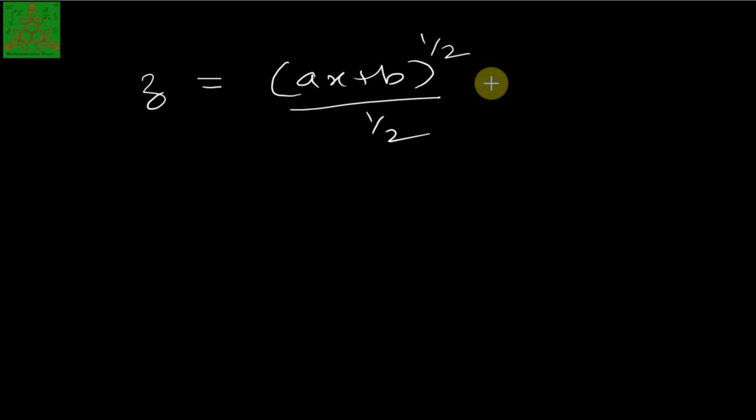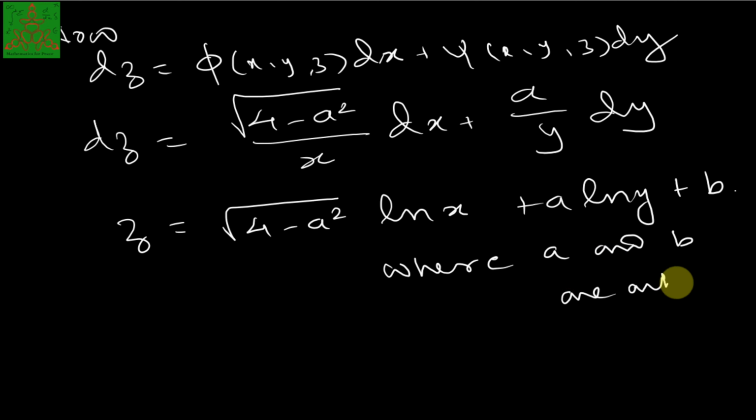If I take the integration on both sides, then we have z is equal to square root of 4 minus a square ln of x plus a ln of y plus some constant b. Here a and b are arbitrary constants, and this is our complete integral for the given PDE.